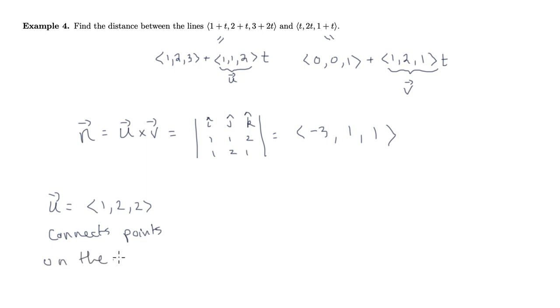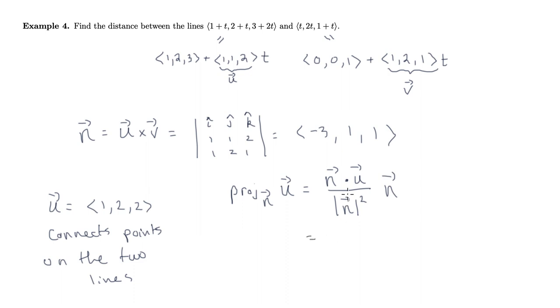And so the trick, really with any of these distance problems, is always projecting back to the normal direction. That's always going to give the shortest distance. So then the vector that's going to give us the shortest distance is going to be the projection of this vector u onto this normal vector n, which is n dot u divided by length of n squared, and then in the direction of n.